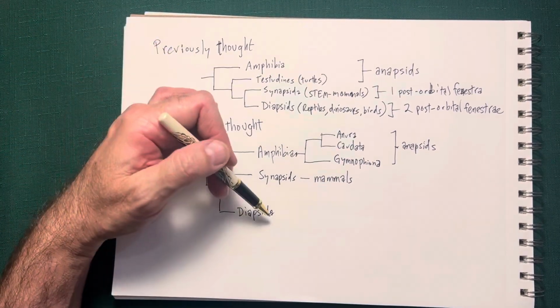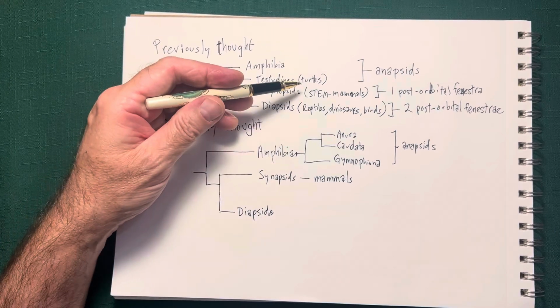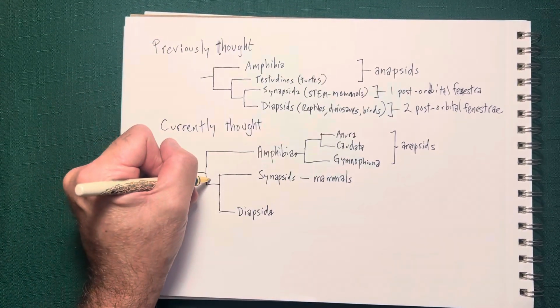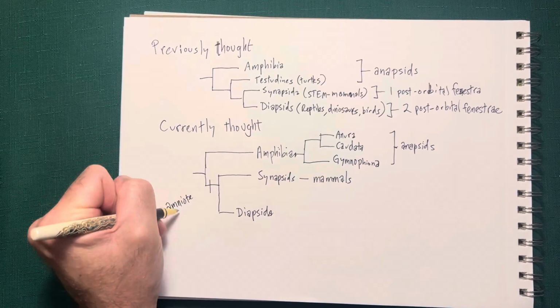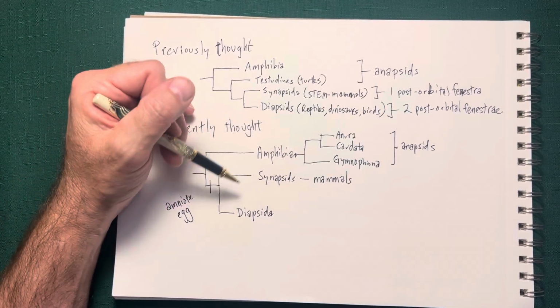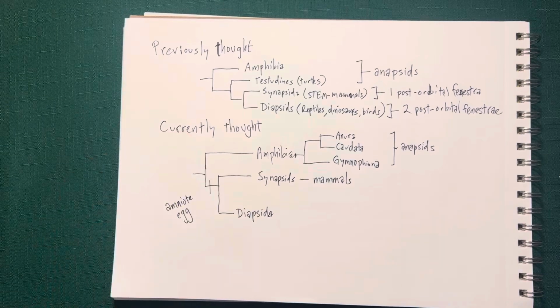So you can always see that diapsids, which includes our traditional reptiles, which includes turtles, didn't quite branch in the same way. So we still have the advent of the amniote egg here, which divides our amniota, synapsids and diapsids, from amphibians.